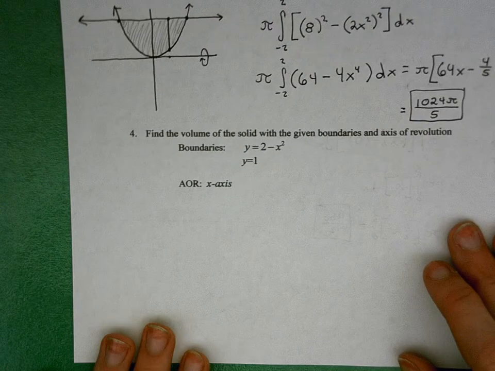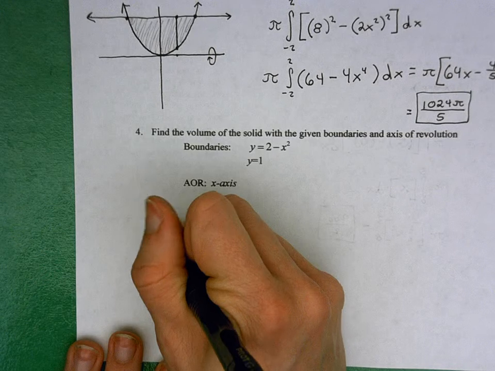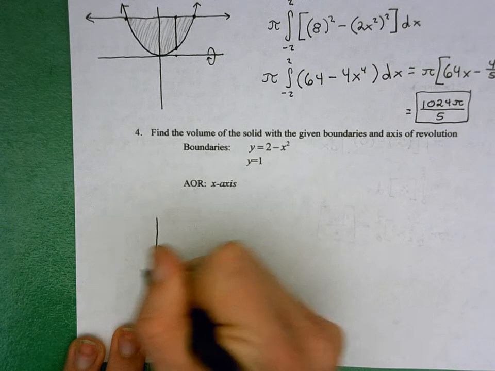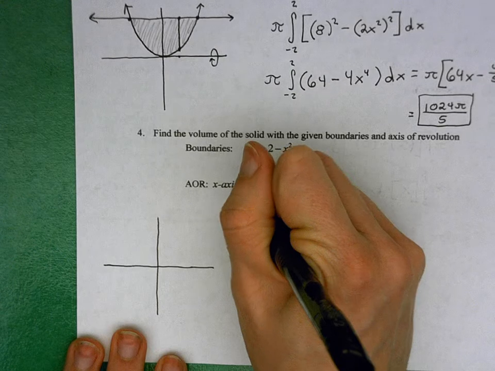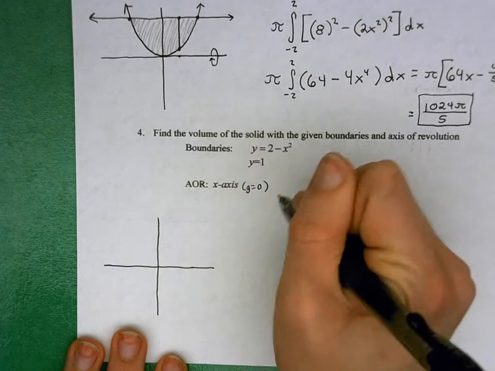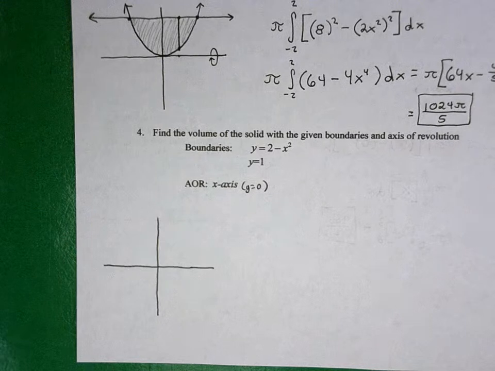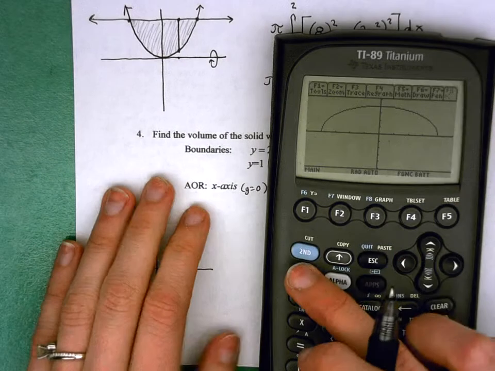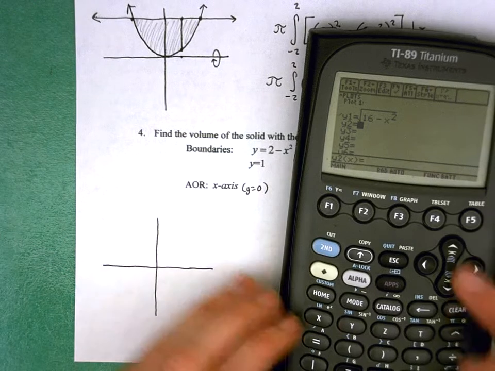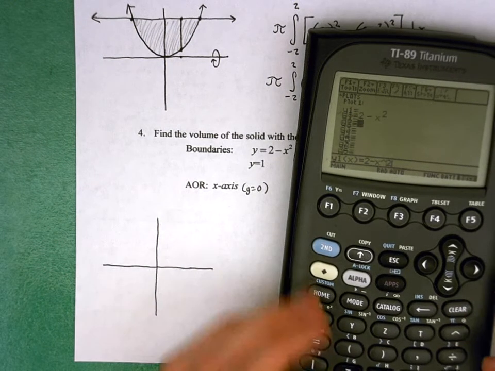Okay, last one, find the volume of the solid with the given boundaries, y equals 2 minus x squared and y equals 1. And we're revolving around the x-axis, which is y equals 0. Okay, so you graph those. We have our y equals 2 minus x squared and y equals 1.